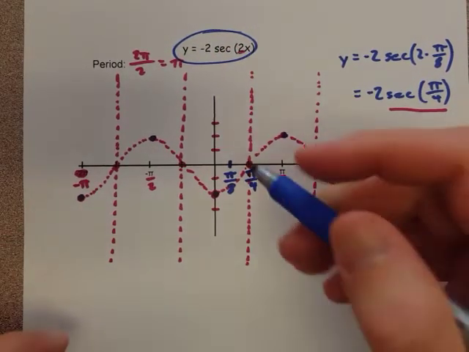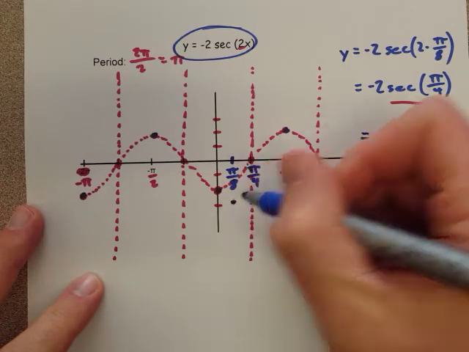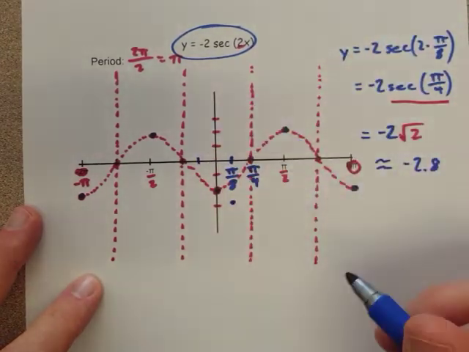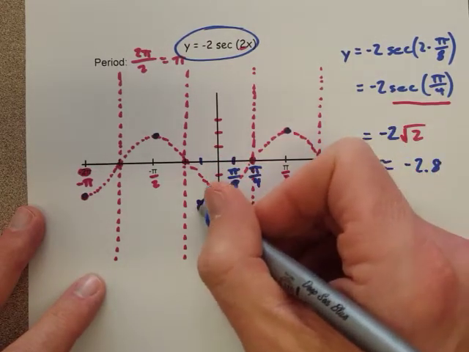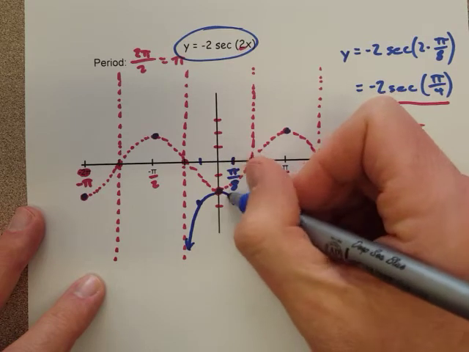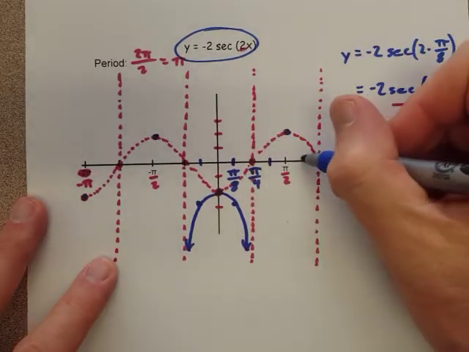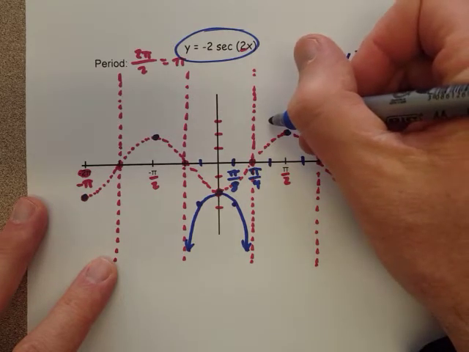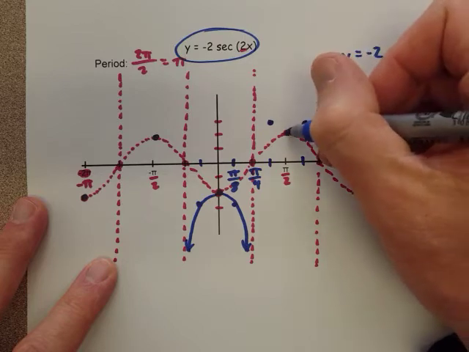So pi over 8, and then negative 2.8, that'll put it right about there. I'll do a symmetric point on the other side, right about there. And then we can connect the dots like we did before. We're going to mirror this up here. The point halfway in between is about positive 2.8 and positive 2.8.